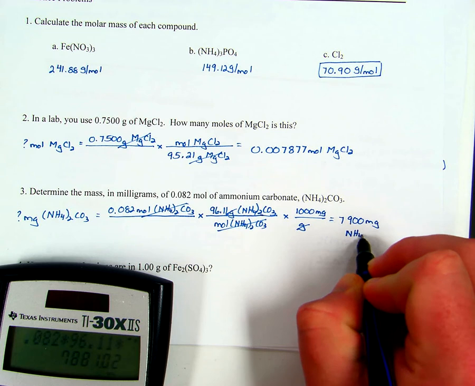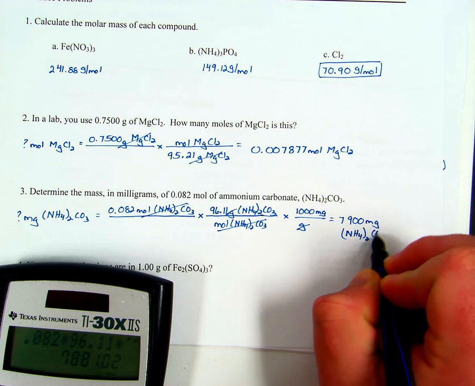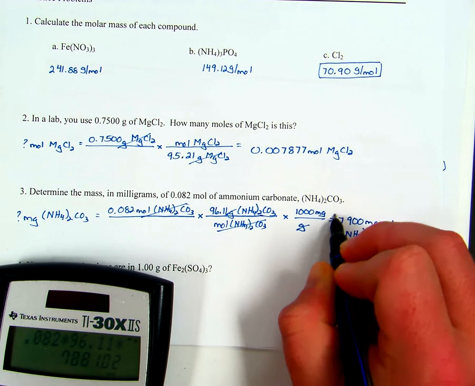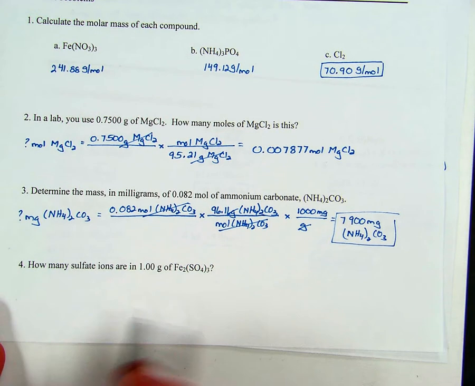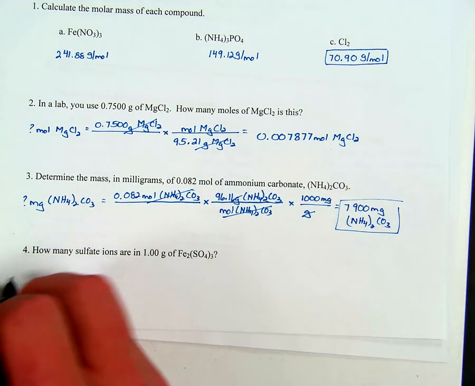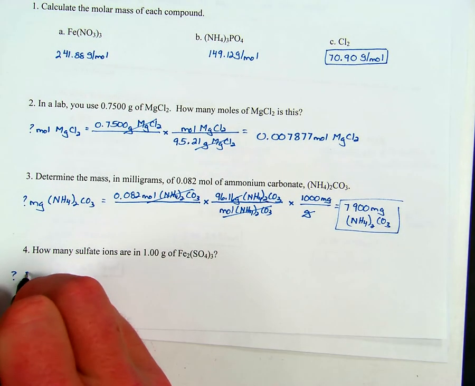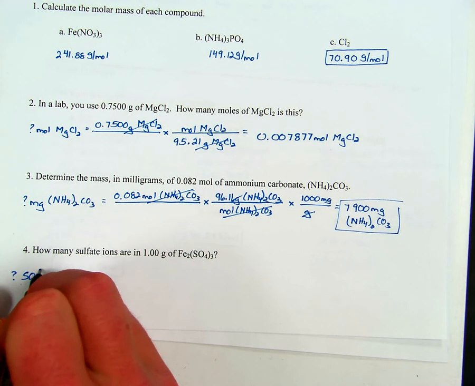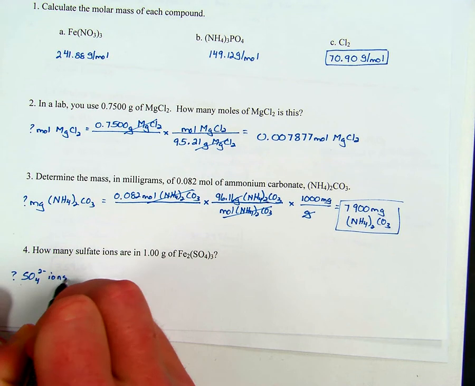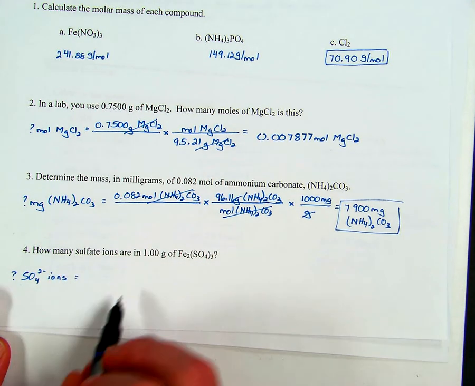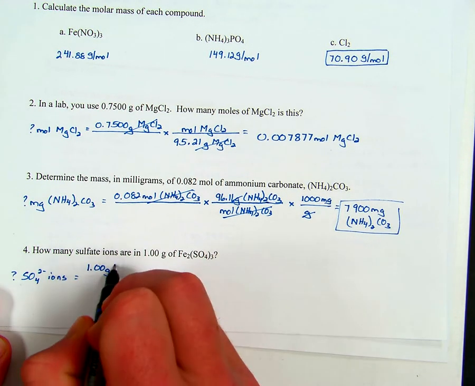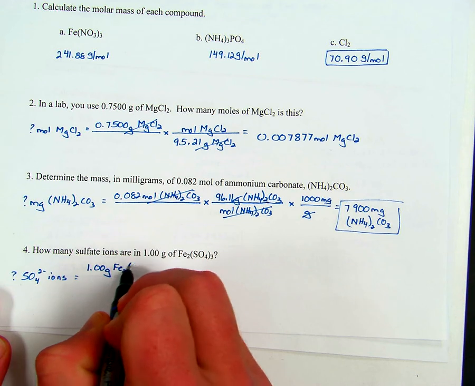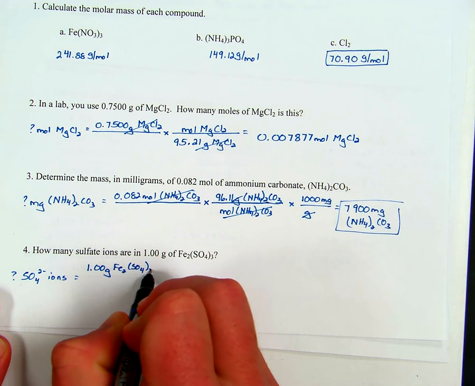Alright, last question. How many sulfate ions, so question mark, SO4 2- ions, sulfates SO4 2-, are in 1.00 grams of Fe2(SO4)3. Alright, so the first thing we can do, if we have a mass, we can find the molar mass of this stuff.